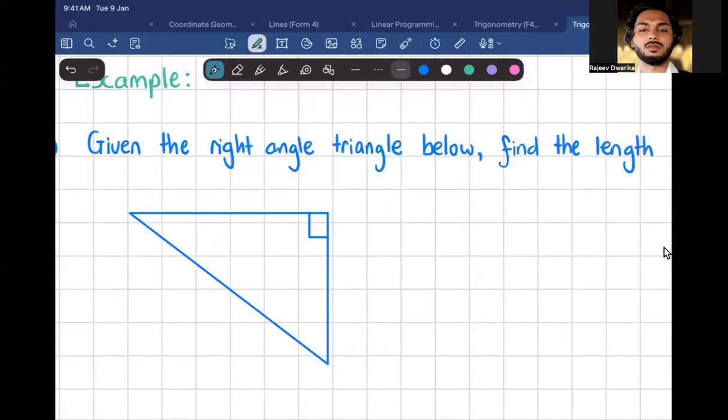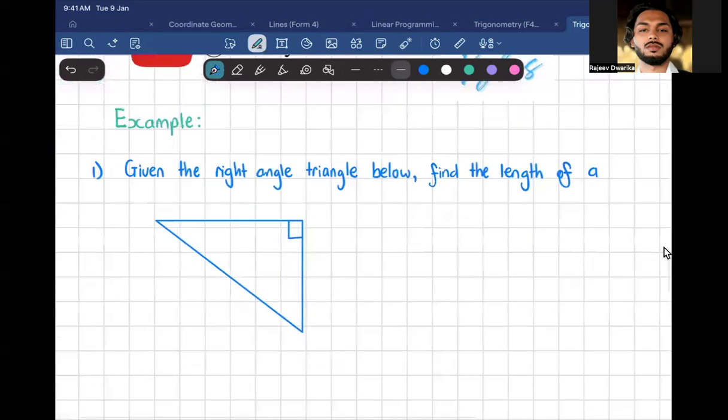Don't get accustomed to seeing the triangle in one specific way. They will change up the orientation. You can't rely on it to be looking one specific way, right?